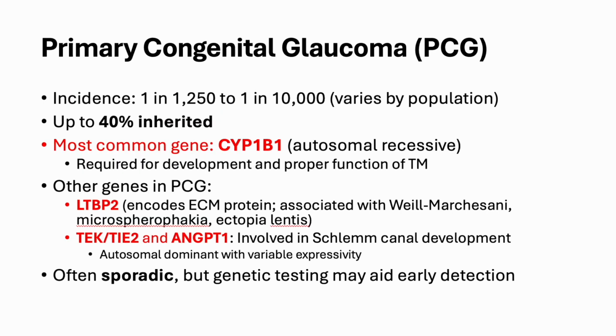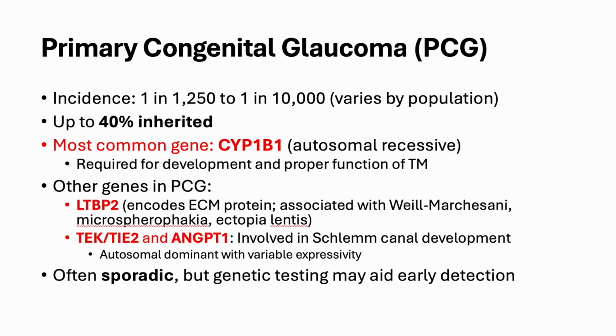Primary congenital glaucoma, or PCG, has an incidence ranging from 1 in 1250 to 1 in 10,000, depending on the population. Up to 40% of cases are inherited. The most common gene implicated is CYP1B1, an autosomal recessive gene essential for proper trabecular meshwork development and function.